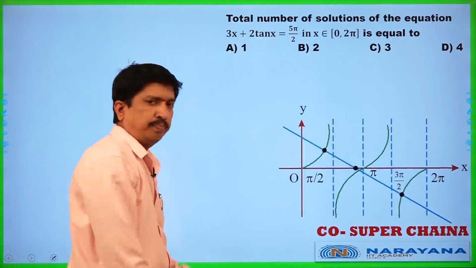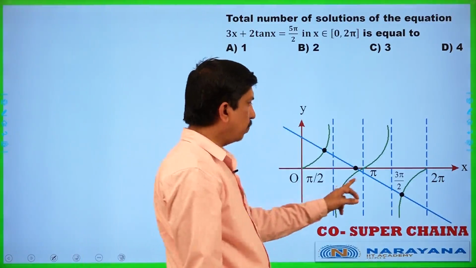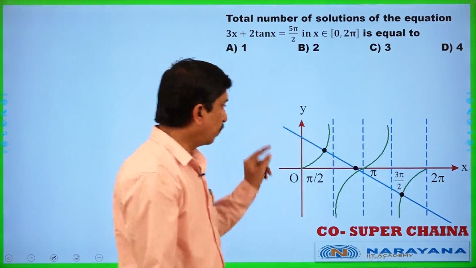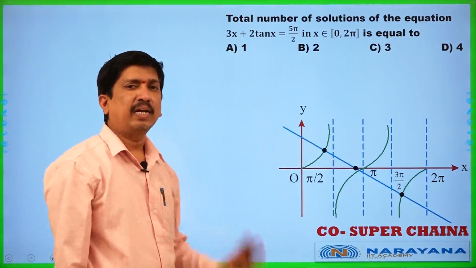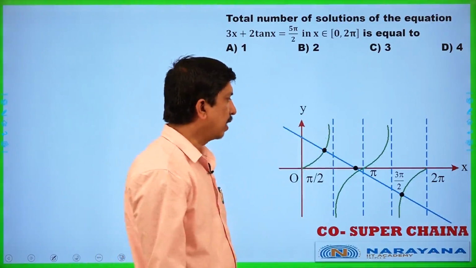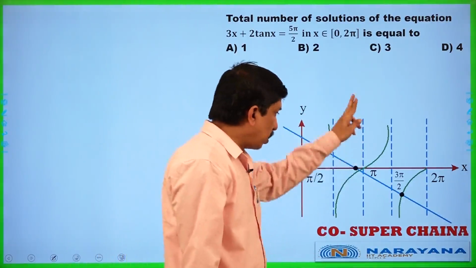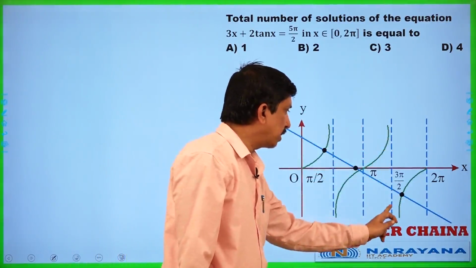Now, you see clearly, it is the tan x graph: 0, pi by 2, pi, 3 pi by 2, 2 pi. Why that dotted line? Once you observe that one, tan 90 is undefined. That is why you are getting the dotted line. Is it clear or not? Another dotted line here at 3 pi by 2.